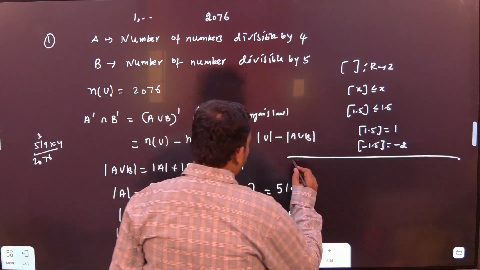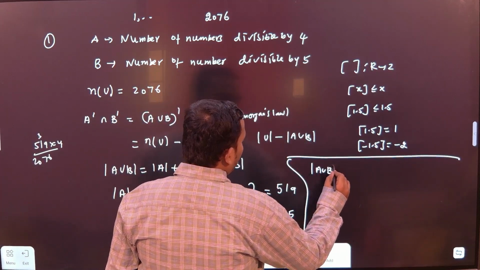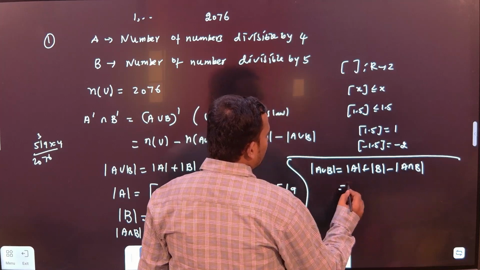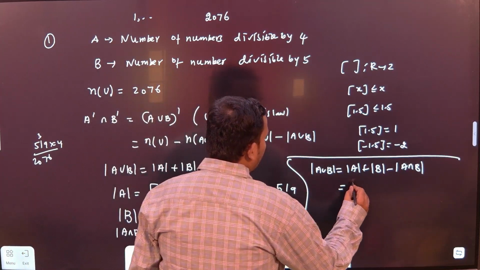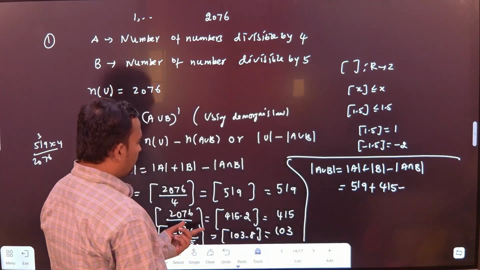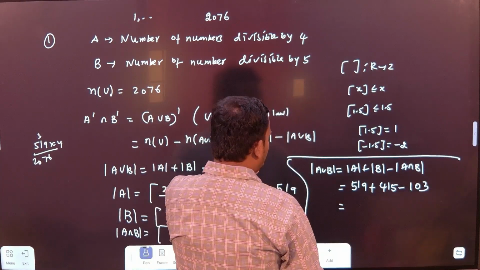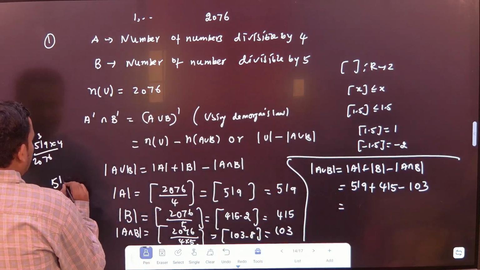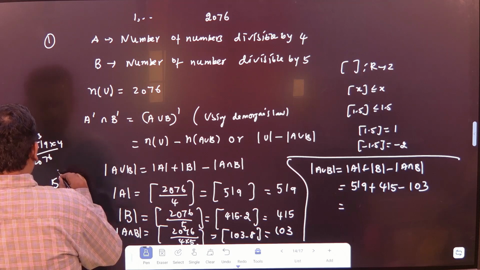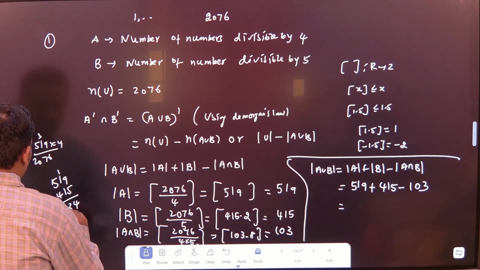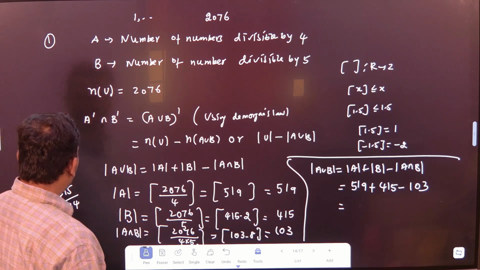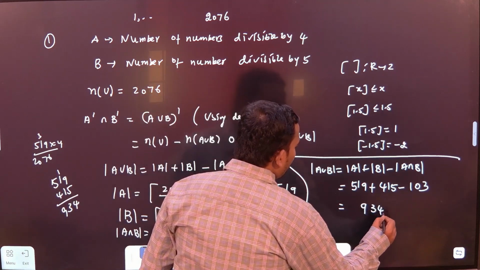Here, cardinality of A union B is equal to cardinality of A plus cardinality of B minus cardinality of A intersection B. What is cardinality of A? 519, plus B is 415, minus 103. Substitute. 519 plus 415, how much will it be? 934, right? Okay, 934 minus 103.